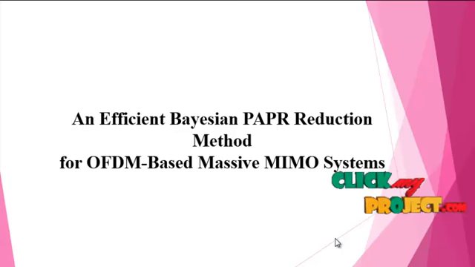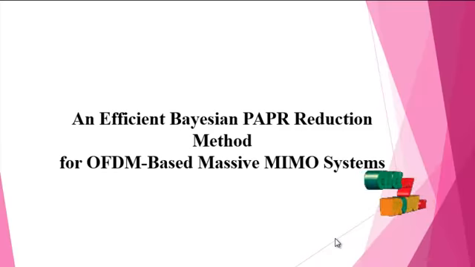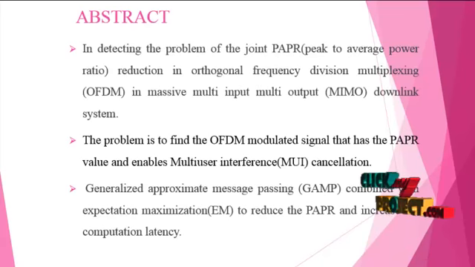Our product title is an efficient Bayesian PAPR reduction method for OFDM based massive MIMO systems. The abstract: in our product we are going to address the problem of joint PAPR, that is peak to average power ratio reduction, in orthogonal frequency division multiplexing in massive MIMO downlink systems.